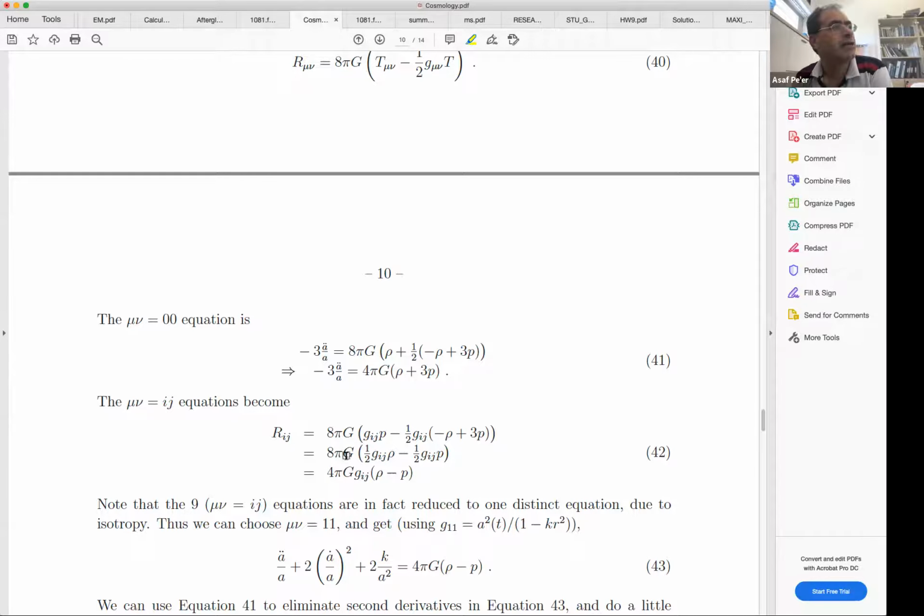So it's 8 pi G times 1/2 g_ij rho minus 1/2, we have here 3/2, right? So 1 minus 3/2 is minus 1/2 g_ij p, so it's 4 pi G, capital G, times g_ij times rho minus p.